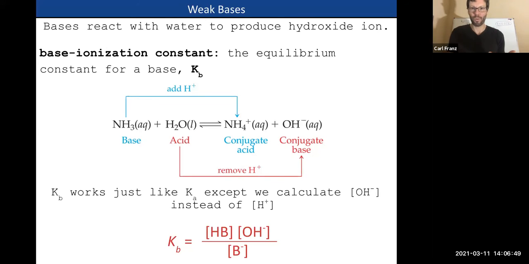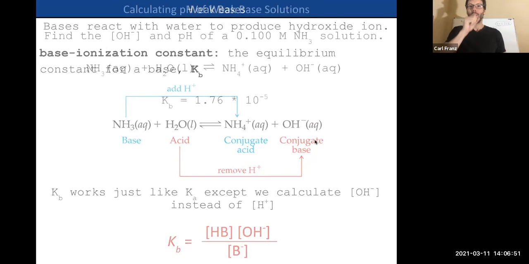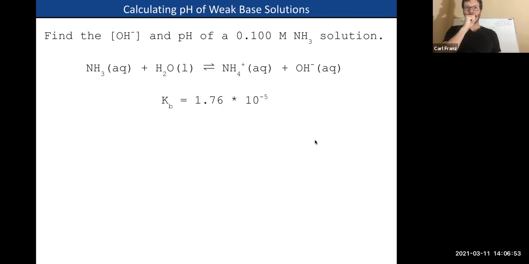And this is what we use for bases. So with that in mind, do this problem and let's see what we get. Again, it's the same kind of thing, only we're now using Kb and finding hydroxide concentration.